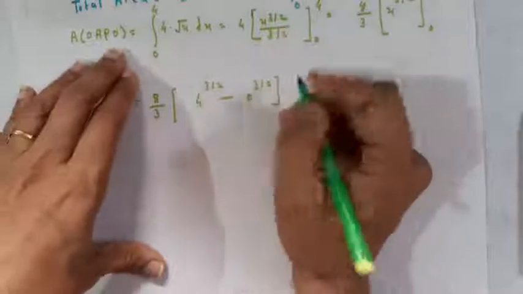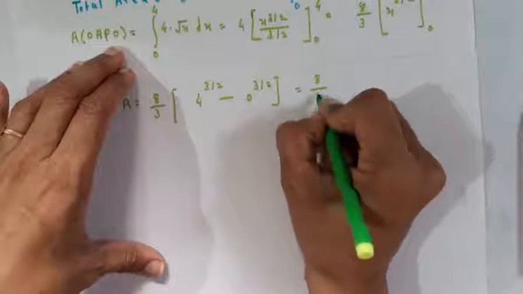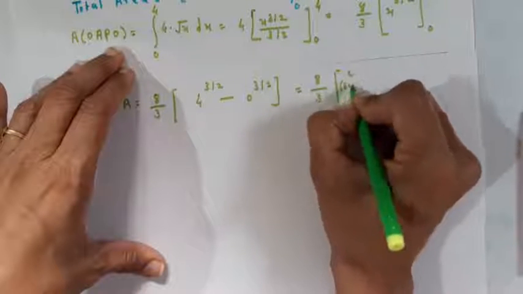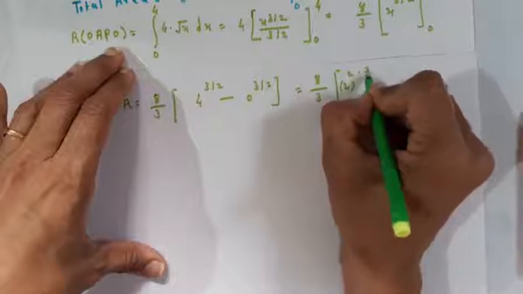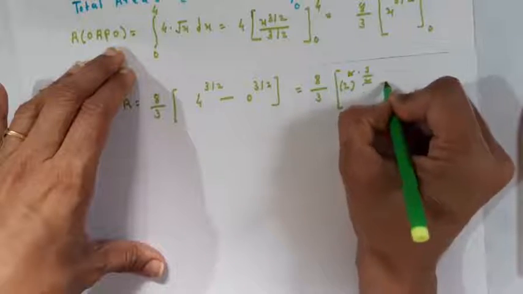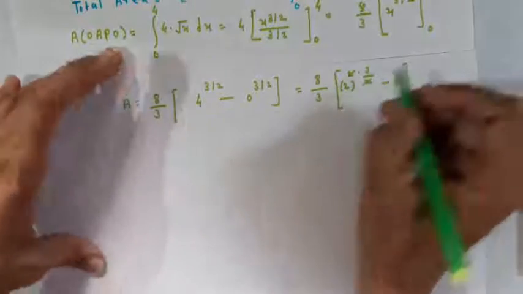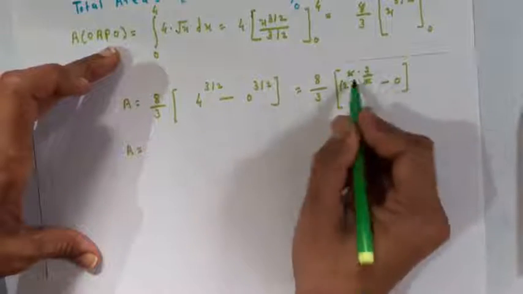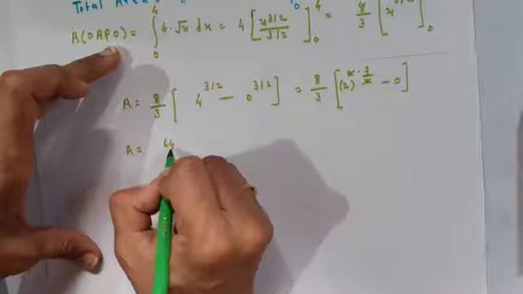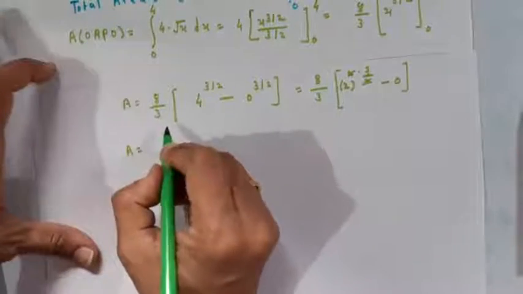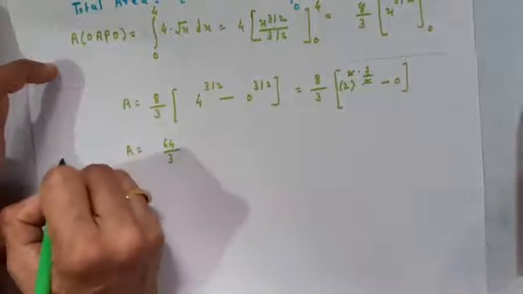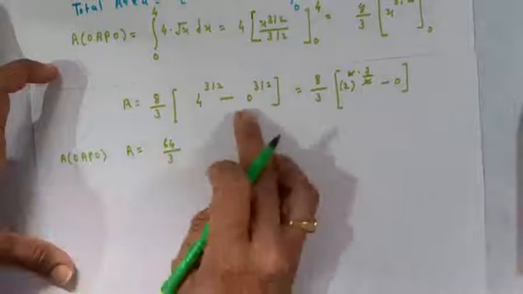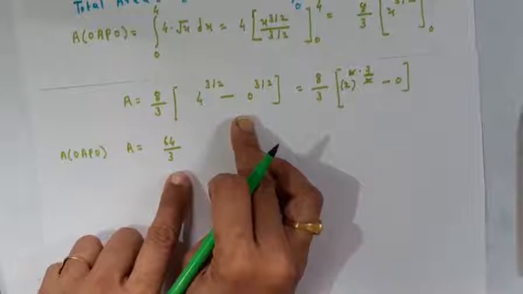Putting the limits, we get 8 by 3 times 4 raised to 3 by 2 minus 0 raised to 3 by 2. 4 means 2 square, and the 2 and 3 by 2 powers combine to give 2 raised to 3, which is 8. So 8 into 8 is 64 upon 3. So the required area OAPO equals 64 upon 3.